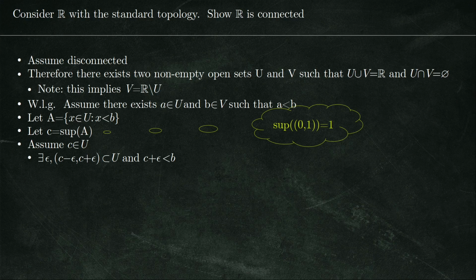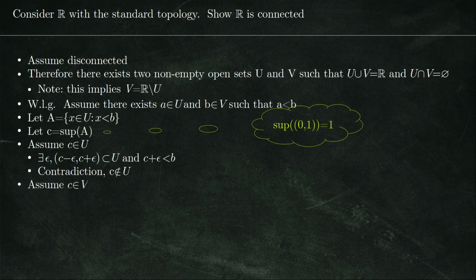So this interval is not only contained within U, everything in it is less than b. But this is a contradiction. Since we've said c is the greatest value in U that is less than b, the existence of this interval that is in U and whose upper bound is less than b contradicts the fact that c should be the greatest possible upper bound. And therefore, c cannot be in U.